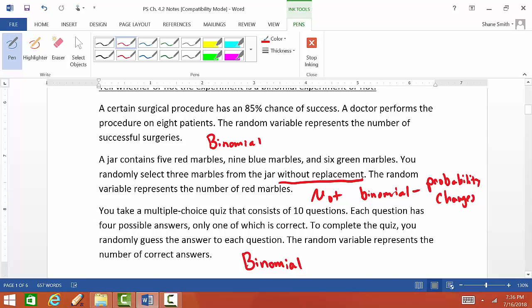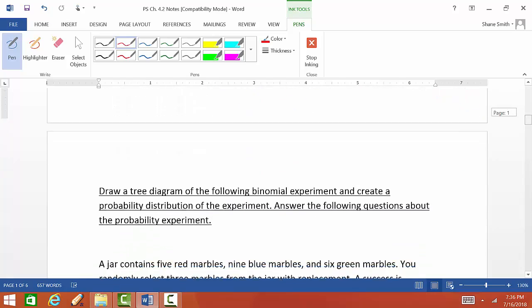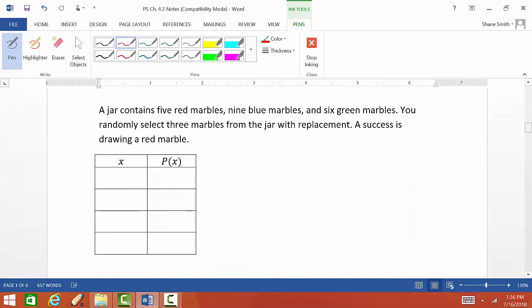Okay, so if you recognize that something is binomial, it's easier to figure out probabilities from that type of experiment because there's a specific method we can use to find those probabilities. And before we get into that method, I'm going to show you how we get to that method. So basically, let's look at this problem. It looks very similar to the problem on the previous page, except notice how we changed the words without to with.